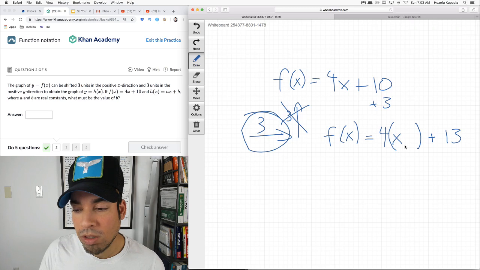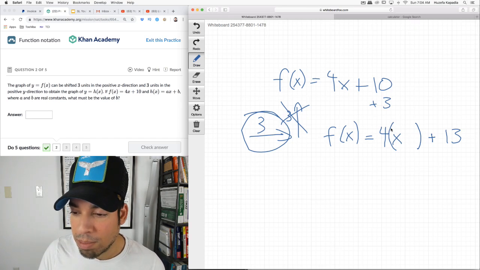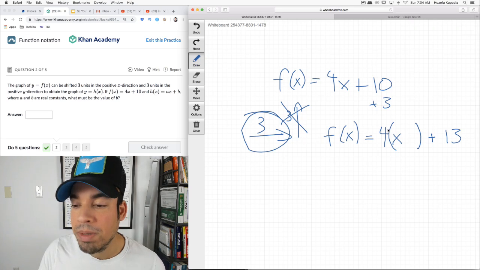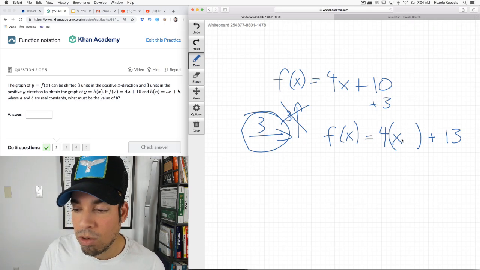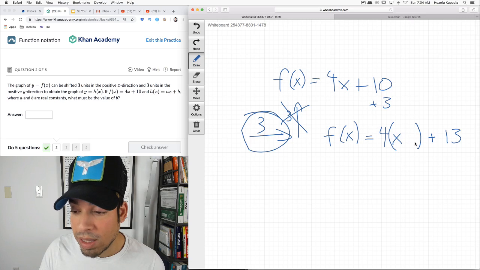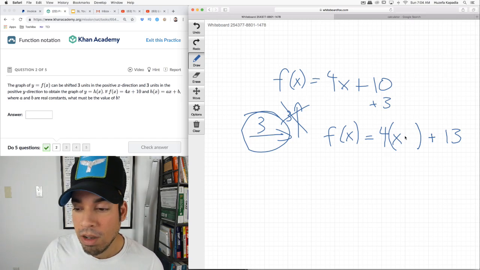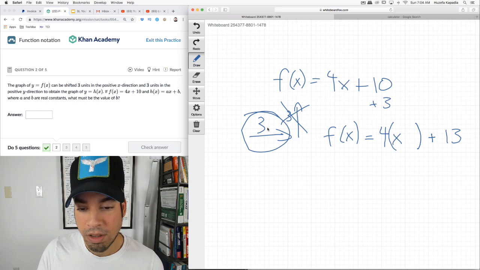Right now we have a multiplier, so we have to bracket it and apply the change, like we're multiplying this whole thing by 4, so we're applying the horizontal change within this scope. So the horizontal change is also being affected by that 4. All right, so we want to shift it 3 units to the right.